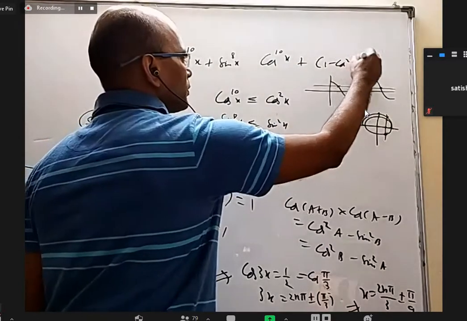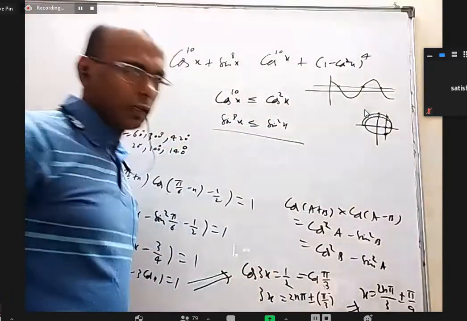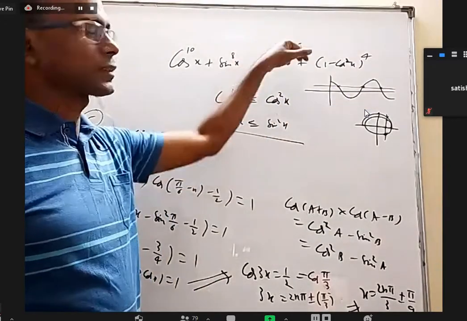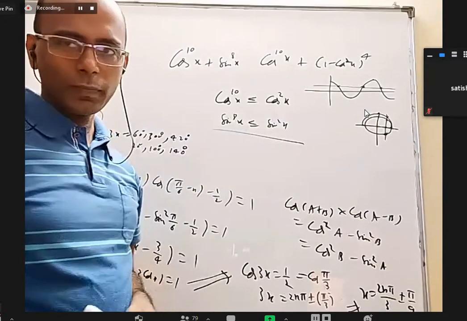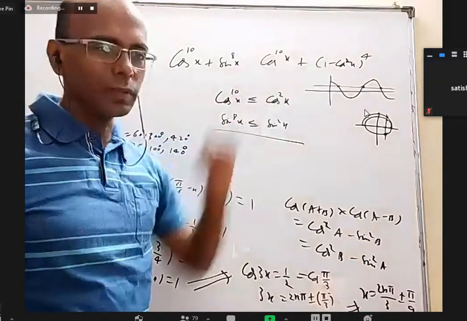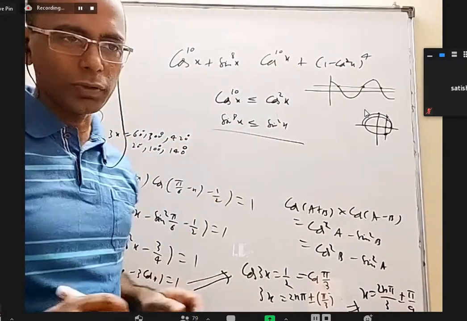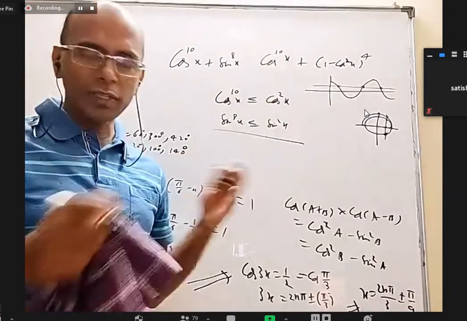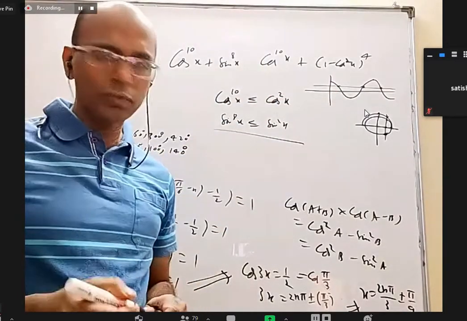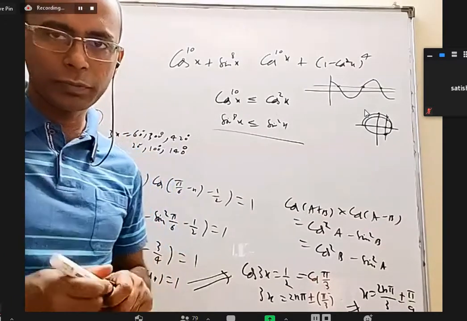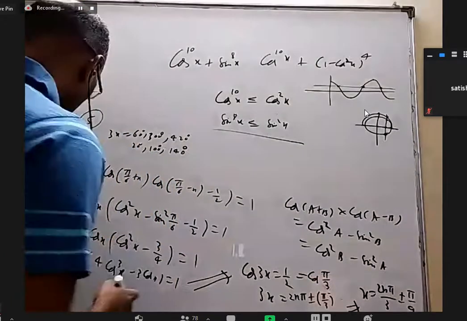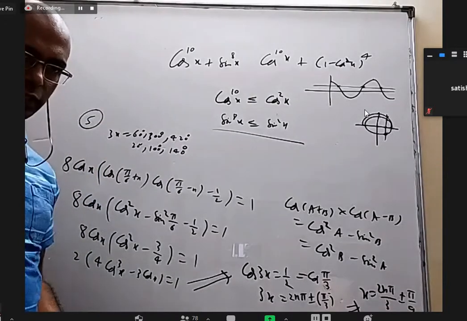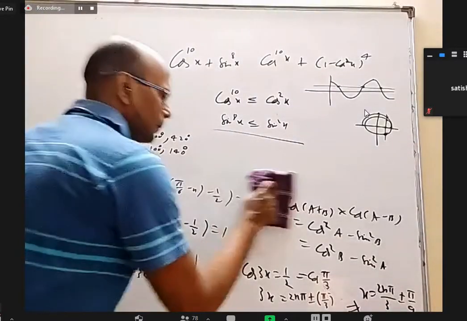If you write 1 minus cos square x whole power 4, this alone has minimum 0, maximum 1. But when this is attaining maximum, the other is attaining minimum. When both attain maximum, no problem. When both attain minimum simultaneously, no problem. When one is attaining maximum and one is attaining minimum, the sum could be maximum or minimum or something in between, we cannot say. Basically, one is increasing, one is decreasing, difficult to say. When both are increasing, easy. When both are decreasing, easy.